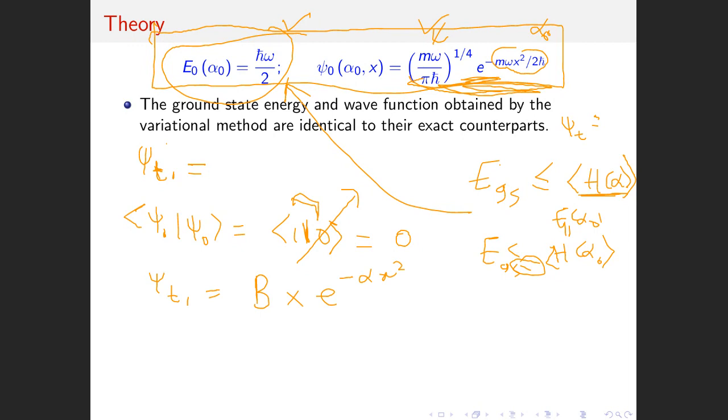Now, if you see here, you still have two parameters, b and alpha. B is normalization, so you can try to find what is psi trial of 1, psi trial of 1. So this gives you b squared x squared e to the minus 2 alpha x squared.